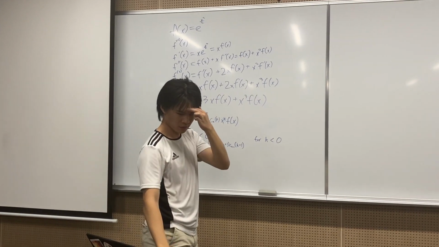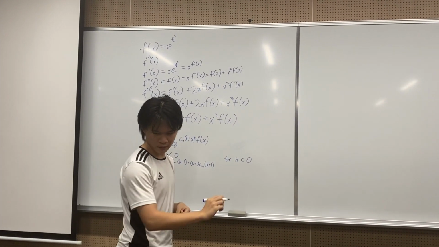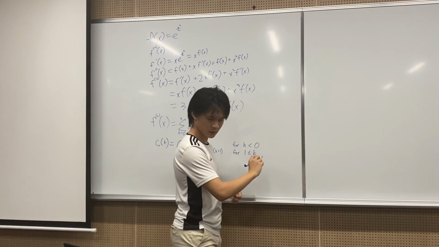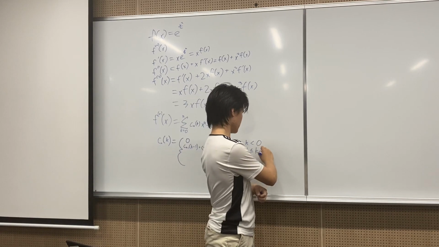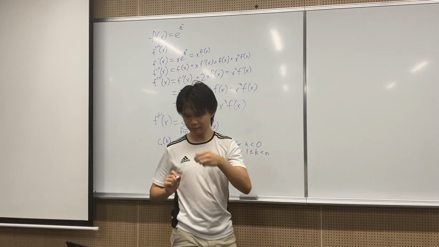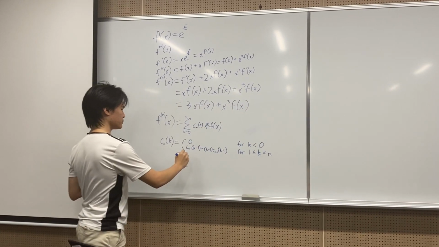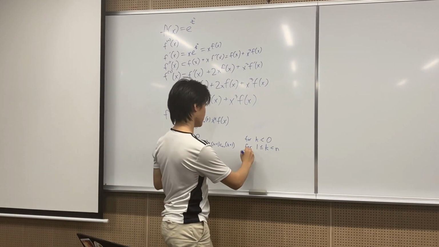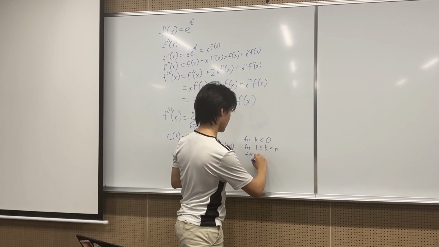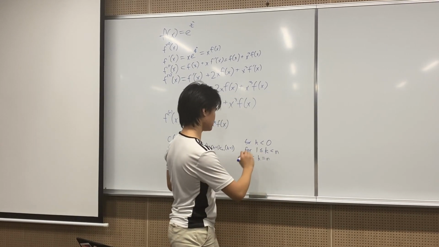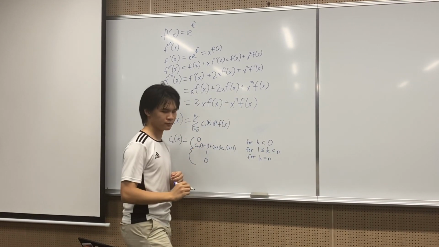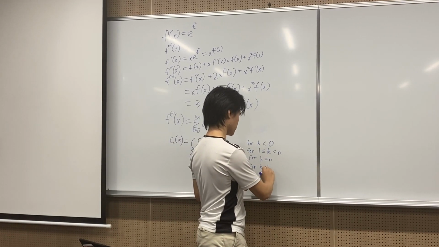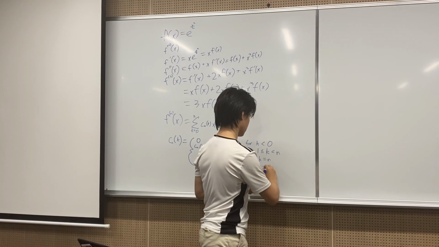And this will be for 1 is less than or equal to k and k is less than n, and 1 for k equals n, and 0 everywhere else, which is k greater than n.